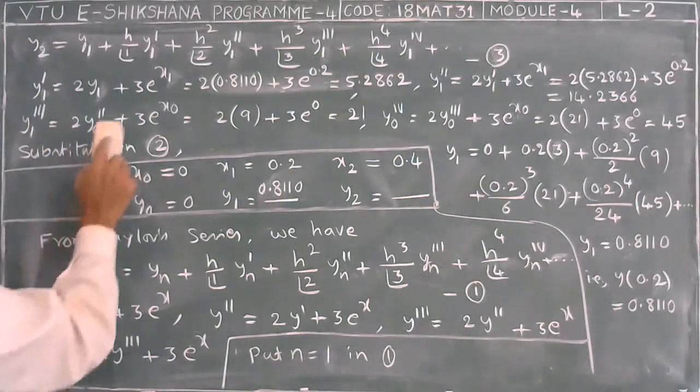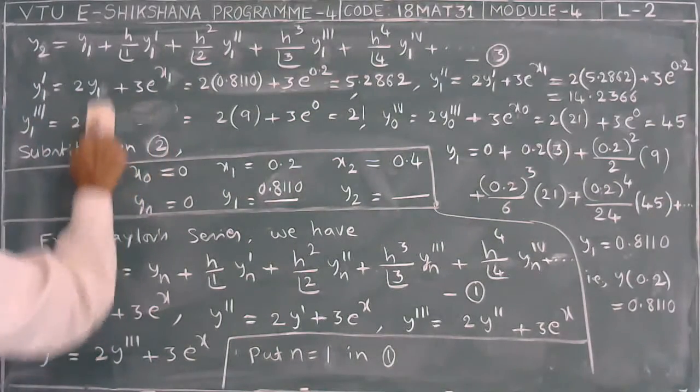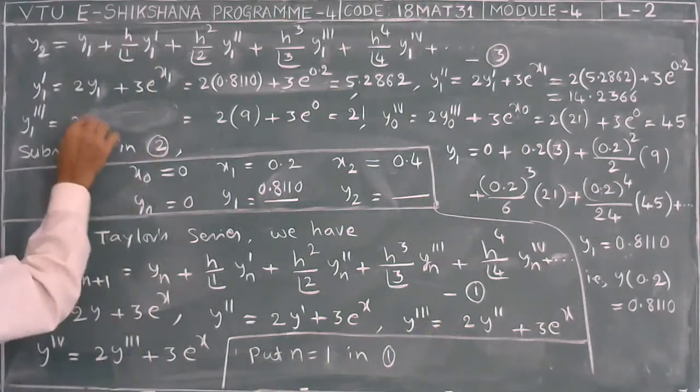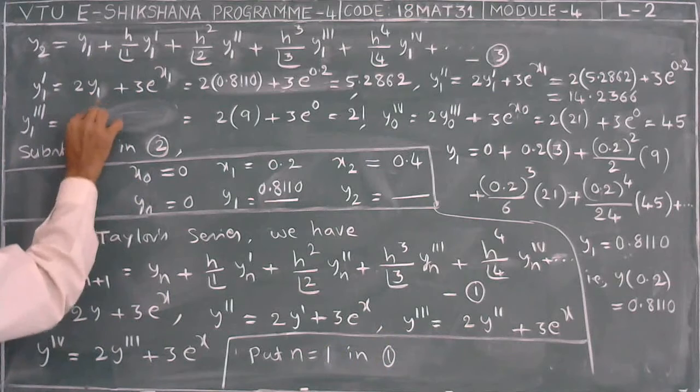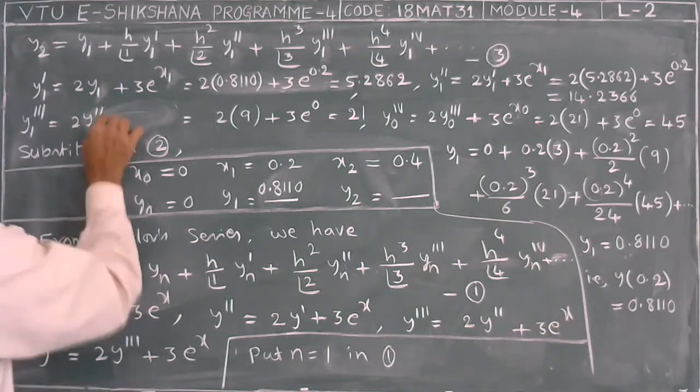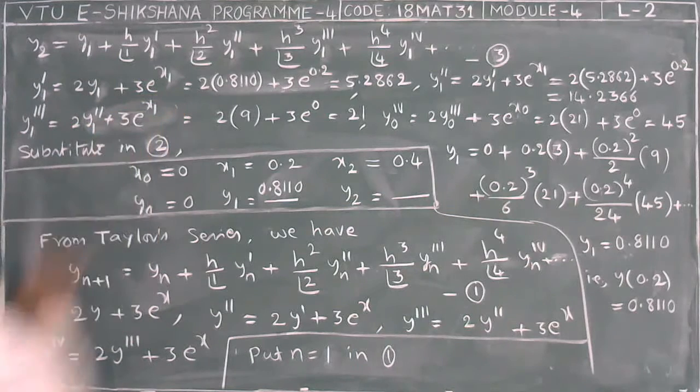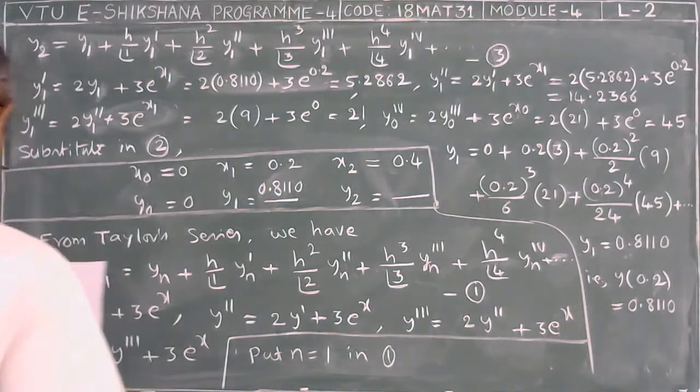y1 triple dash is equal to, what is y1 triple dash? 2y1 double dash plus 3 e power x. That is y1 triple dash.